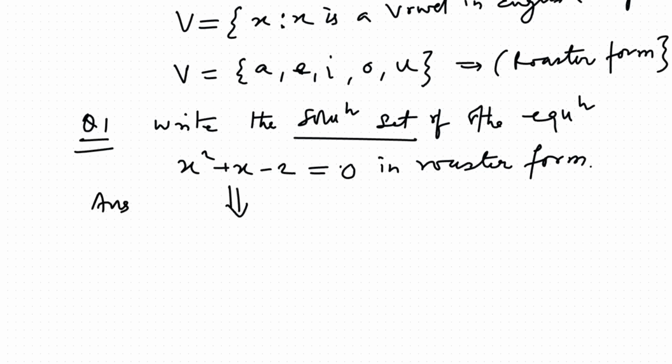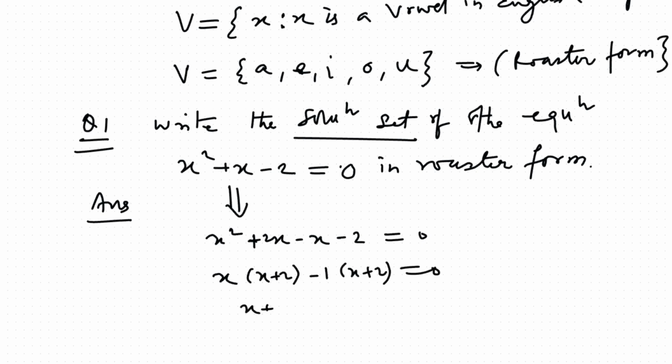You can write x square plus 2x minus x minus 2 equal to 0, or take x common: x(x plus 2) minus 1(x plus 2) is 0, or (x plus 2)(x minus 1) is 0, which means x is minus 2 and x is 1.